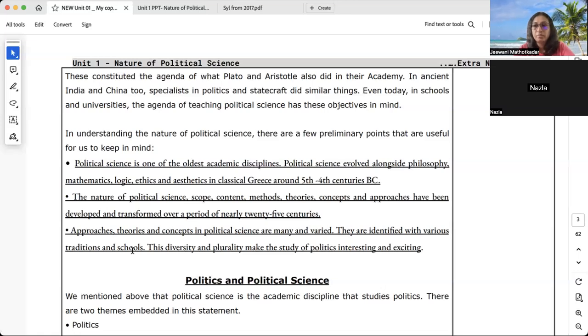Political science evolved alongside philosophy, mathematics, logic, ethics and aesthetics in classical Greece around the 5th and 4th centuries BC.